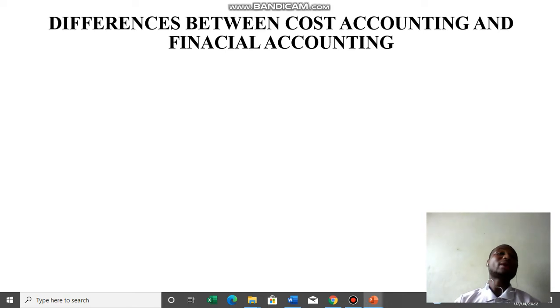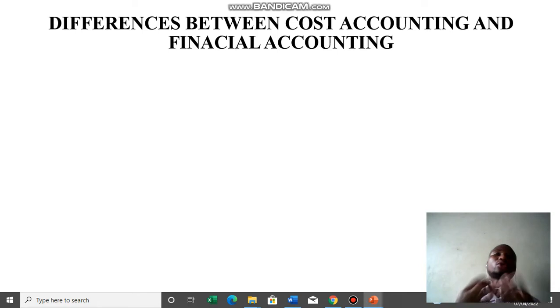Cost accounting is not regulated, so it's not mandatory to operate a costing system in your organization. But with the financial accounting system, it is mandatory. If you are a company, for example, you must publish your accounts. Of course, now Ghana Revenue Authority goes around trying to estimate the taxes of businesses.